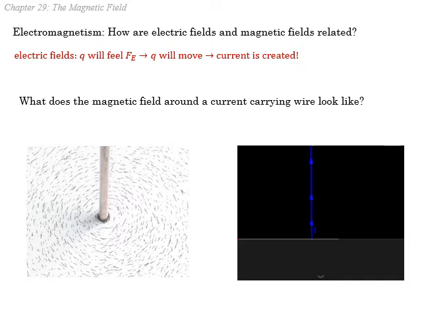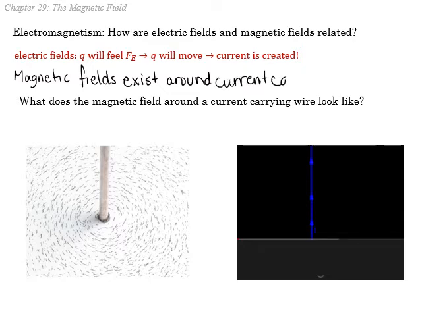Okay, now we'll throw in on top of that that magnetic fields exist around current carrying wires. Oersted's experiment told us that the magnetic field around a current carrying wire made circles around the wire.